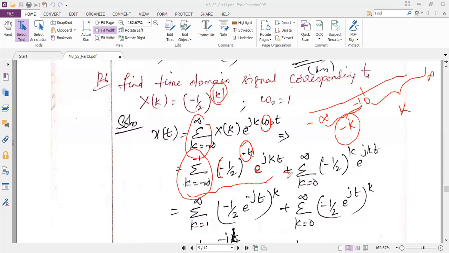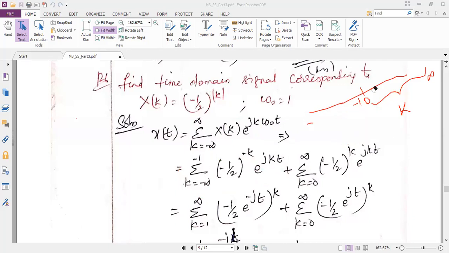Plus the second term is summation k equal to 0 to infinity, minus 1 by 2 the whole power plus k, very important, into e power j k t. Up to this is fine. Because of the magnitude of k, we should split the summation accordingly, and maintain the power of k properly.